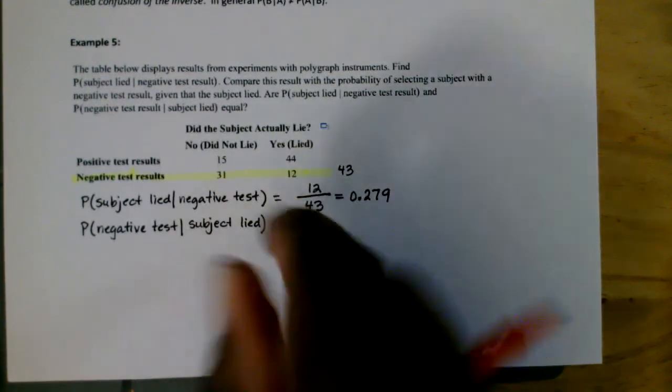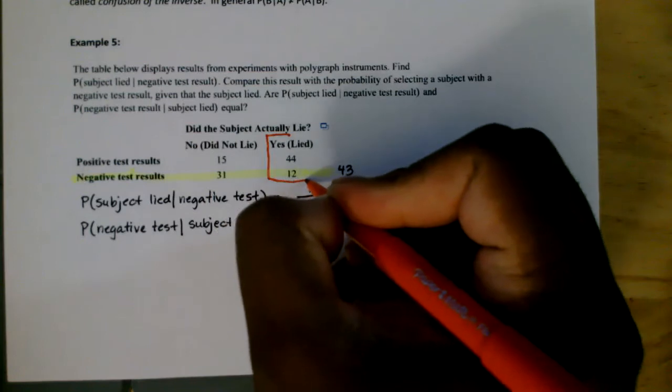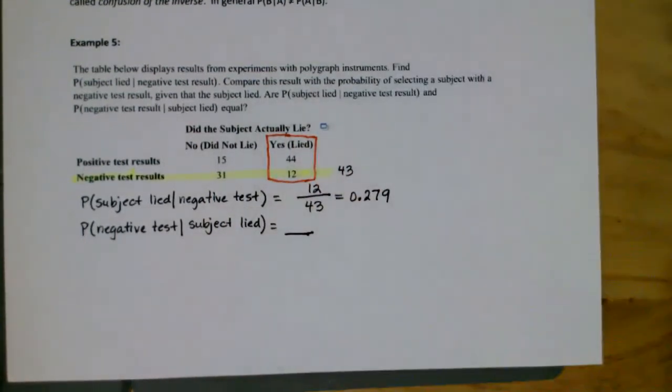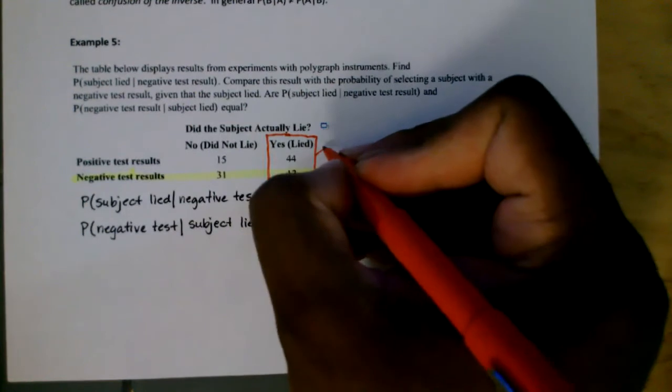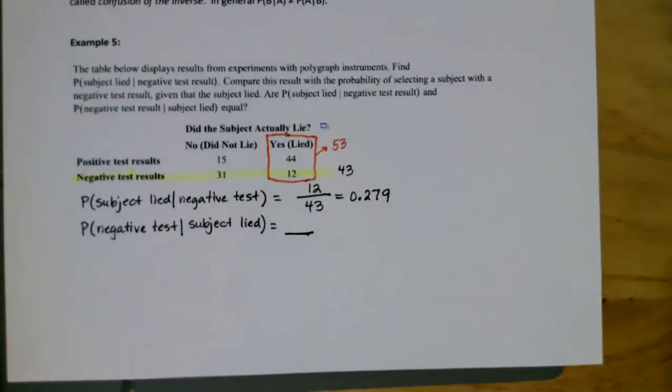That's this column right here. Now, if I add 44 and 12 together, I'll put this sum off to the side, 53. There are 53 total subjects here where the subject lied.